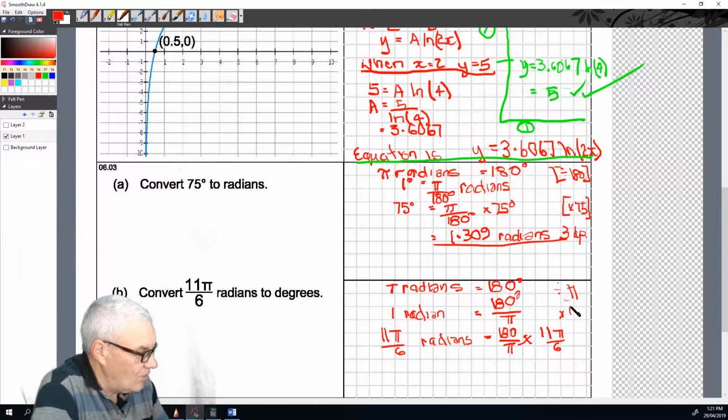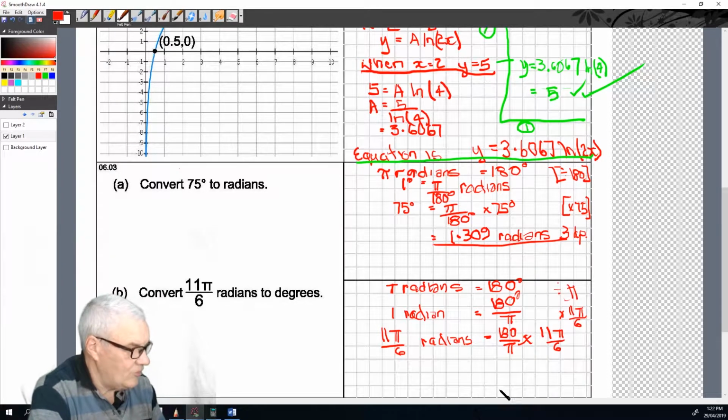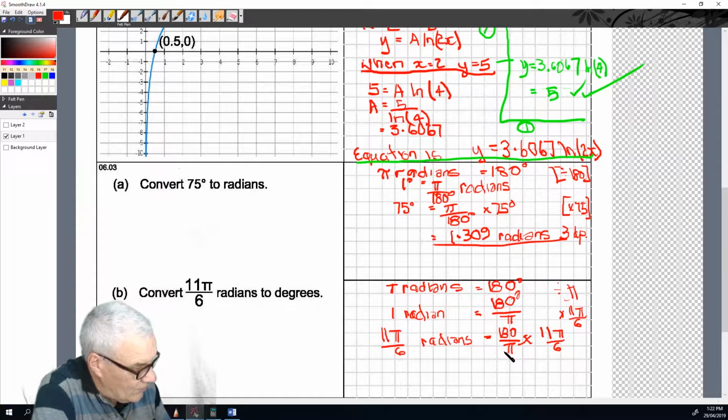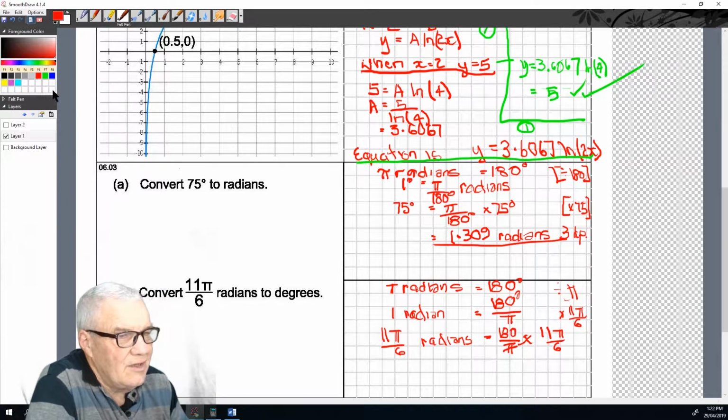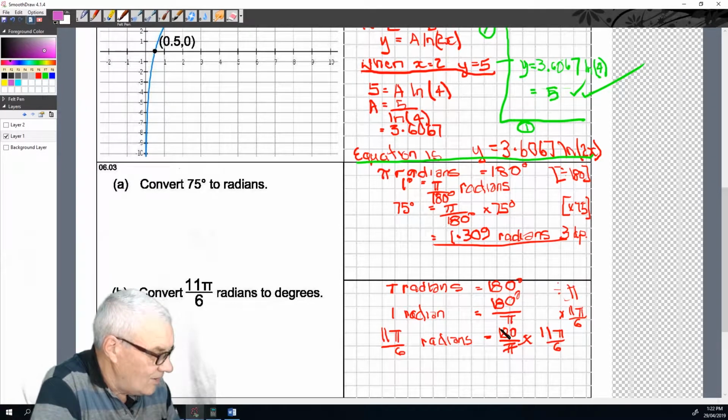Times 11 pi by 6. Now you can see there that the pi's cross out. I'll just do that in magenta. I haven't used magenta. So you can see there that the pi's cross out, right?